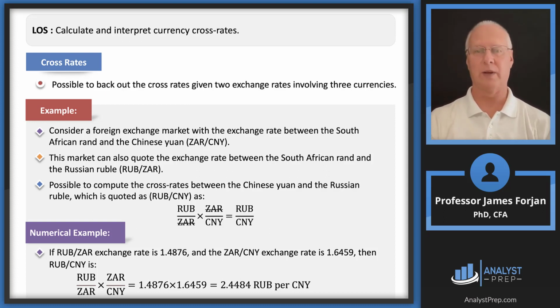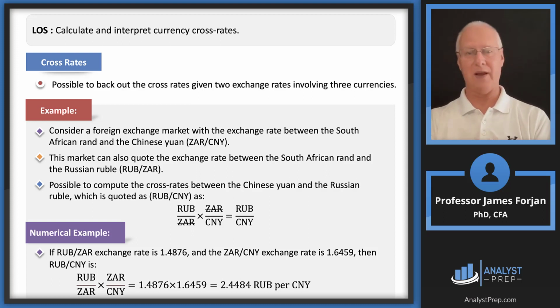So let's work through a quick example. Let's take the relationship between the South African rand and the Chinese yuan, and then we have another exchange rate between the South African rand and the Russian ruble. Notice in those first 2 diamond points, you have ZAR and CNY, and in the second one you have RUB and ZAR.